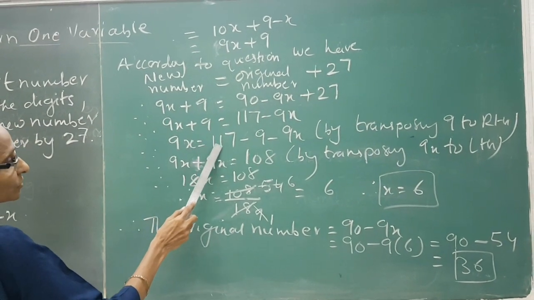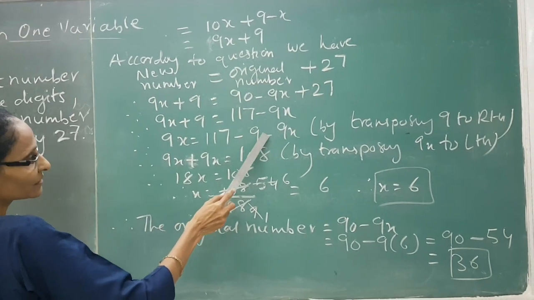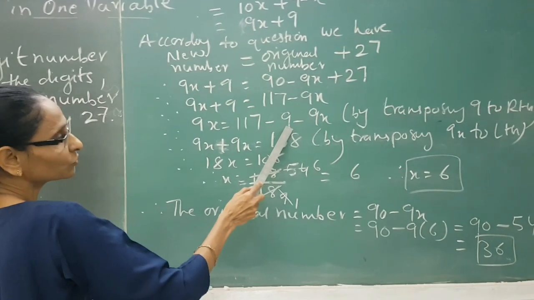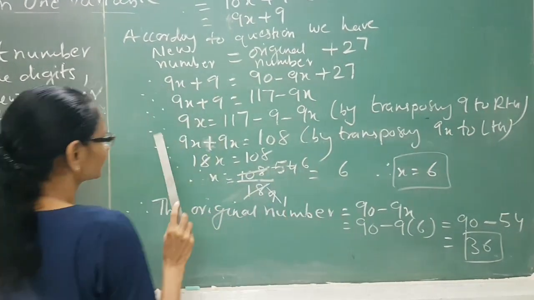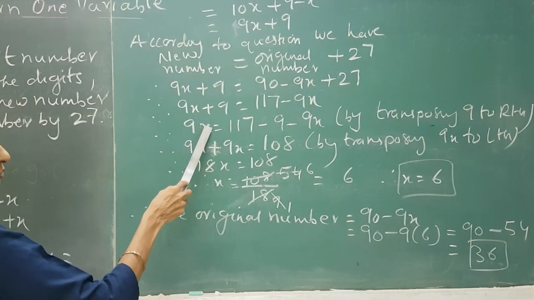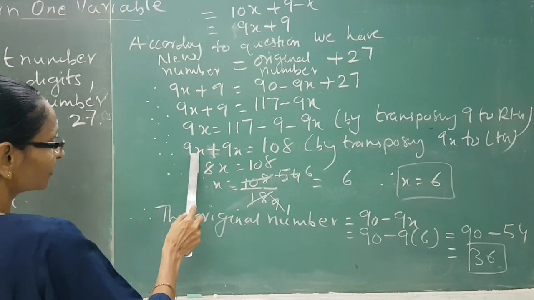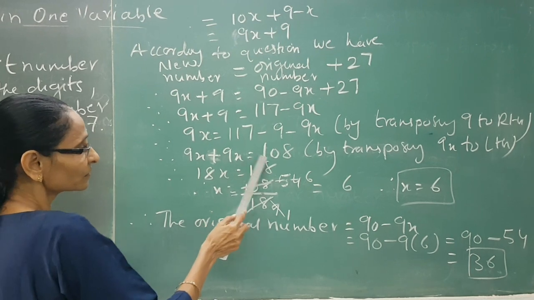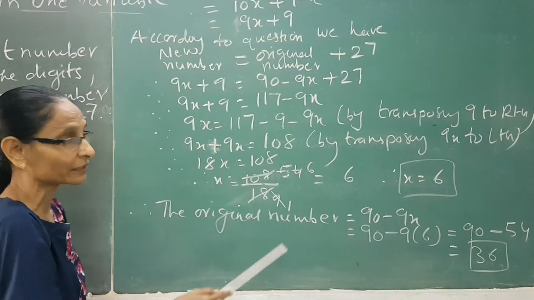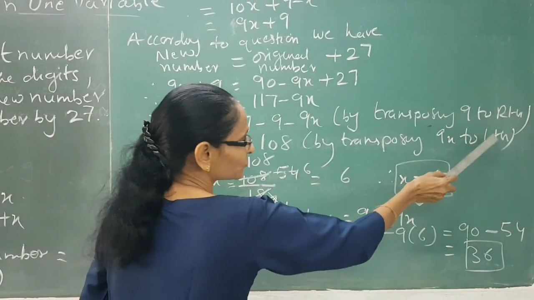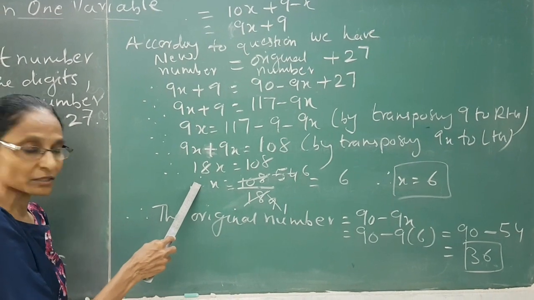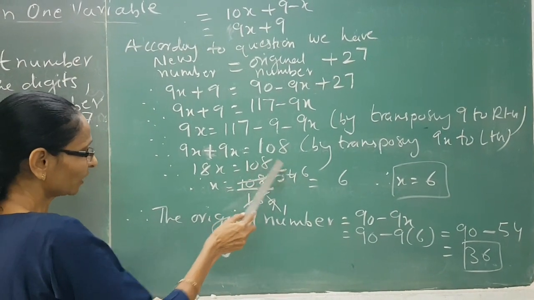Therefore 9x is equal to 117 minus 9 minus 9x, by transposing 9 to RHS. Therefore 9x plus 9x is equal to 108, 117 minus 9 is 108, by transposing 9x to LHS. Therefore 9x plus 9x will be 18x is equal to 108.